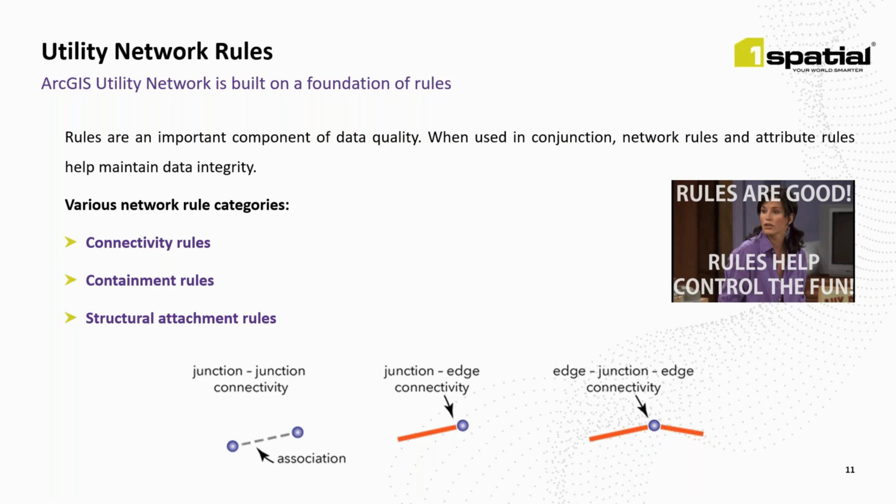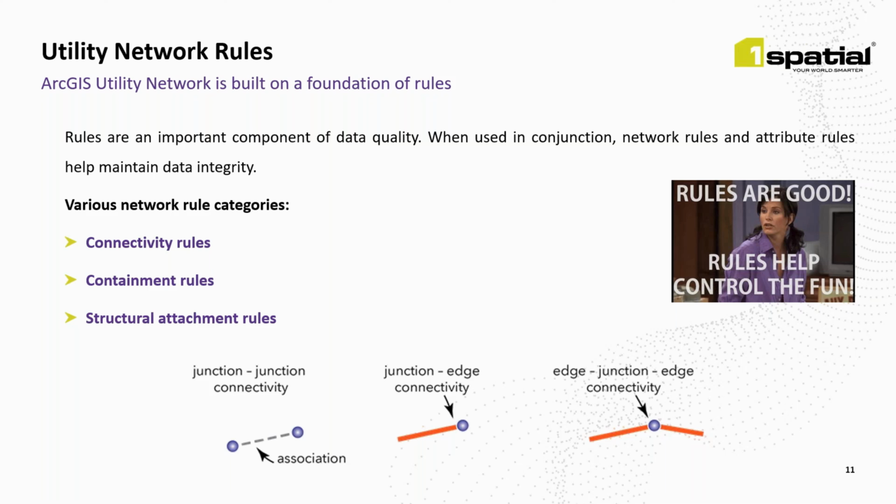They are stored at that top level of the network, and they are an extremely important component of the utility network to ensure that integrity and quality is maintained within your data. So we have a variety of different rules, network rules, attribute rules, and as you can see here, various categories of these rules.